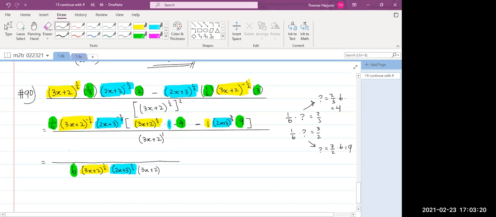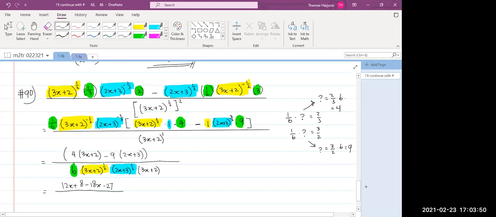On the numerator, we have 4 times 3x plus 2 minus 9 times 2x plus 3. Which I will distribute and combine like terms on the top. That's 12x plus 8 minus 18x minus 27.